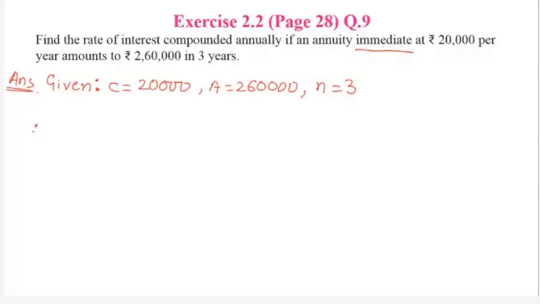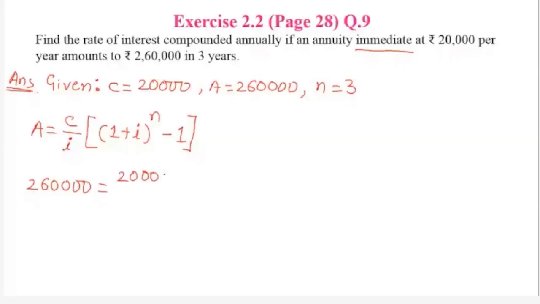A is equal to C upon I, square bracket, round bracket 1 plus I raised to N, minus 1. Let us substitute the values. 2,60,000 is equal to C is 20,000 upon I. We don't know rate.